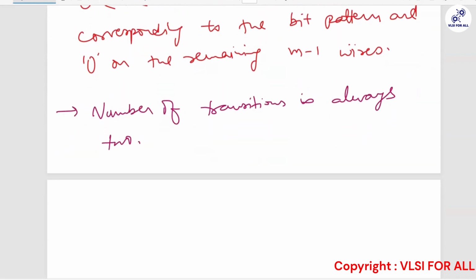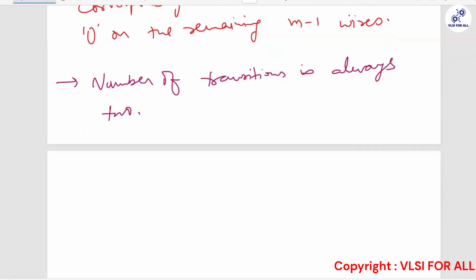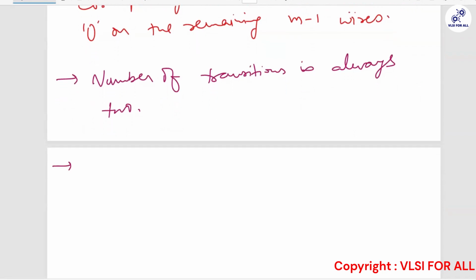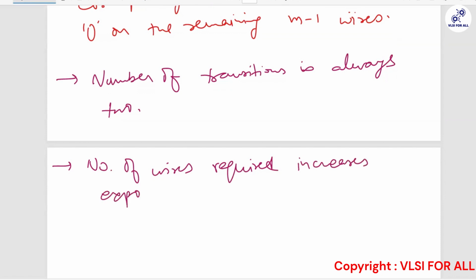But what happens is the number of wires required here increases exponentially. For n bits, we need 2 power n wires. So again, at the cost of something, we are getting something. Wires increase exponentially with the word size of data.